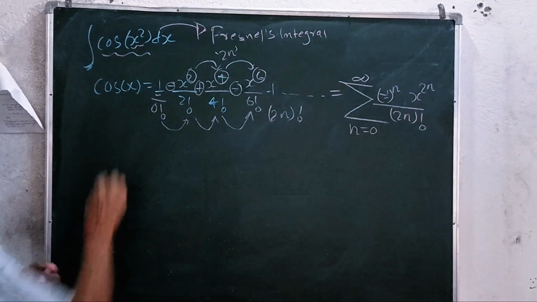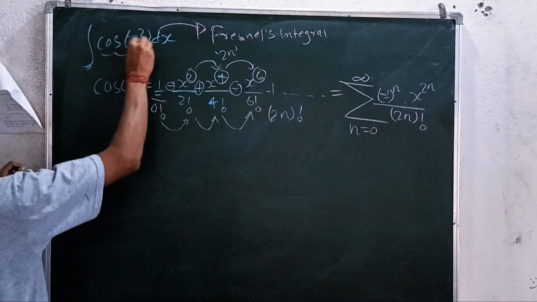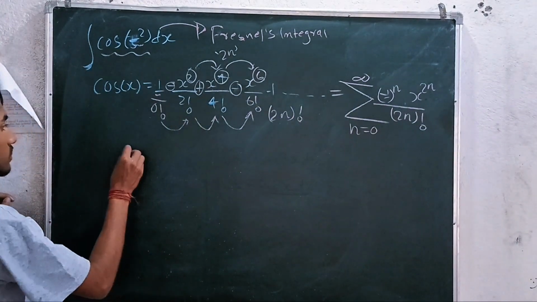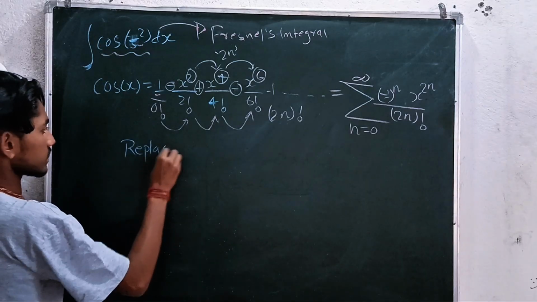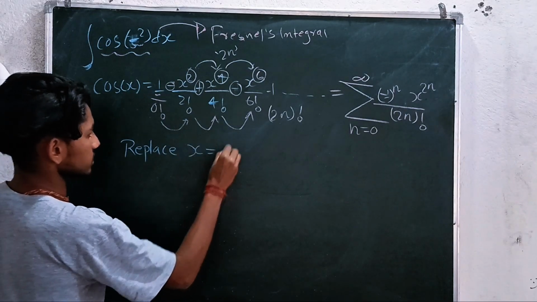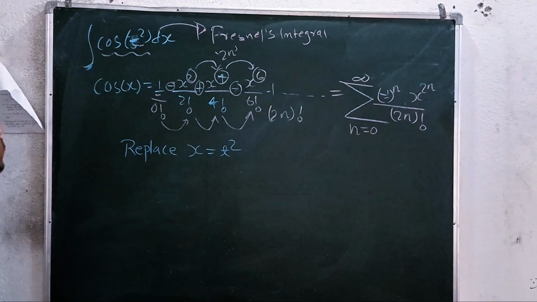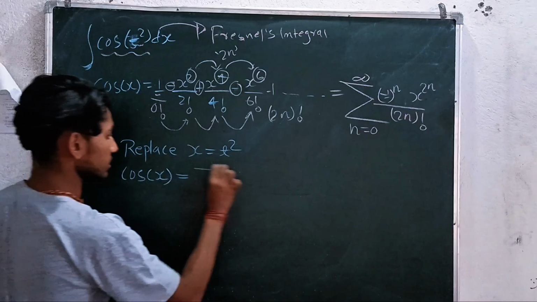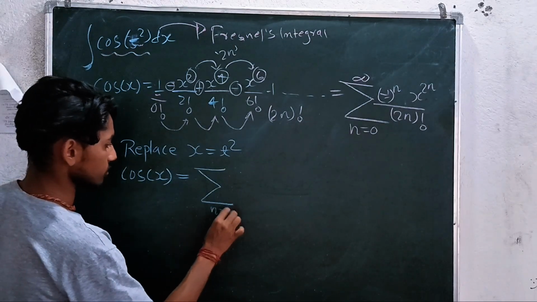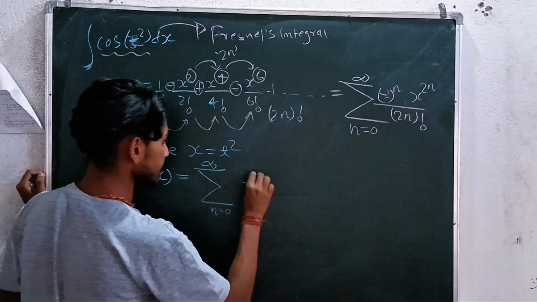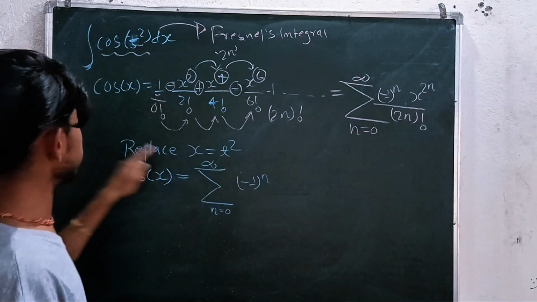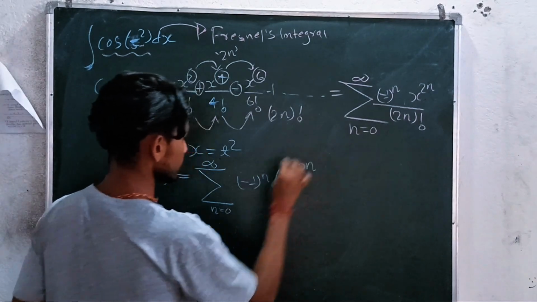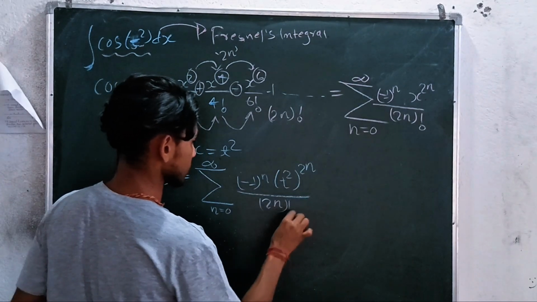After that, let us write this as t, for instance. So we have x equals t squared; simply replace it. So cosine of x is the summation from n equals 0 to infinity of negative 1 raised to n, and in terms of x you substitute t squared, so it is t squared raised to the 2n over 2n factorial.